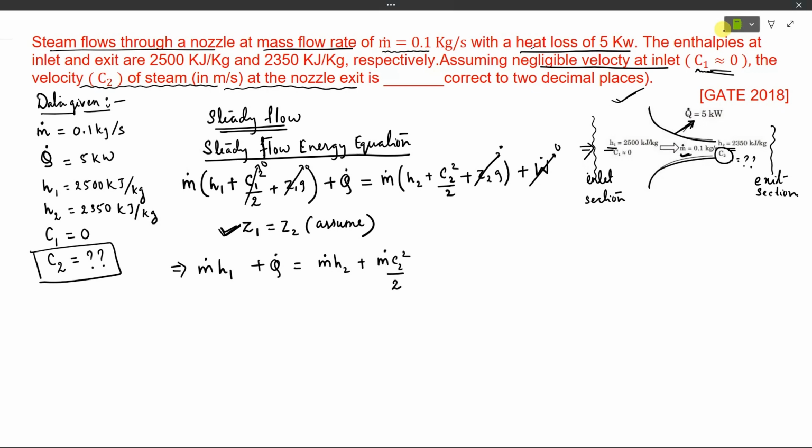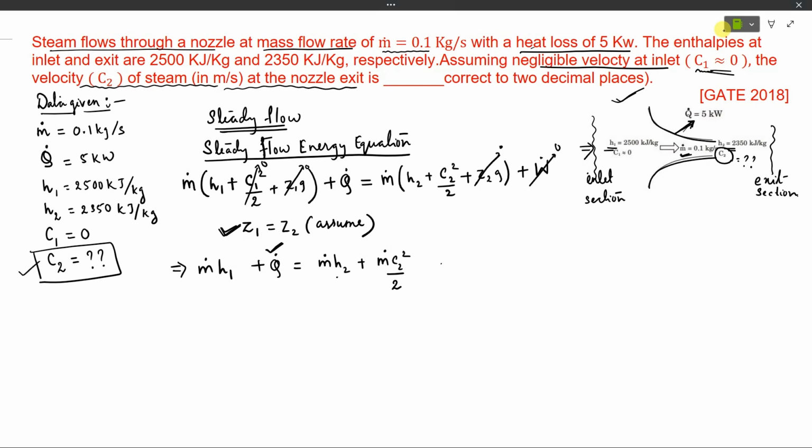Here we have m dot given in the question, h1 is given, h2 is also given, and q is given. So if we put all these magnitudes in this expression, we get the magnitude of C2.